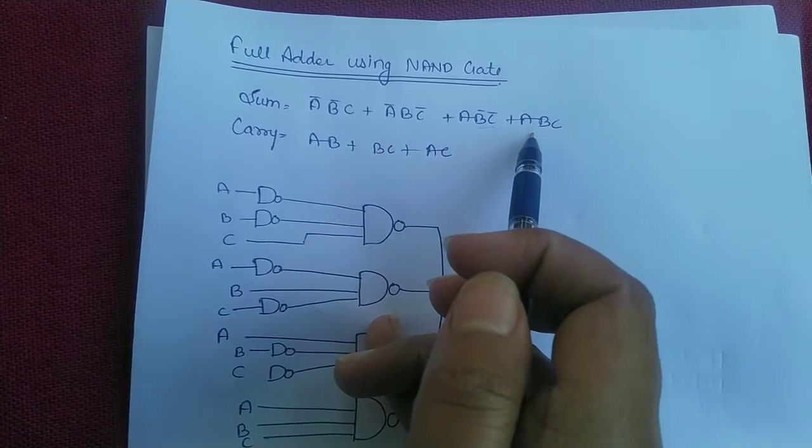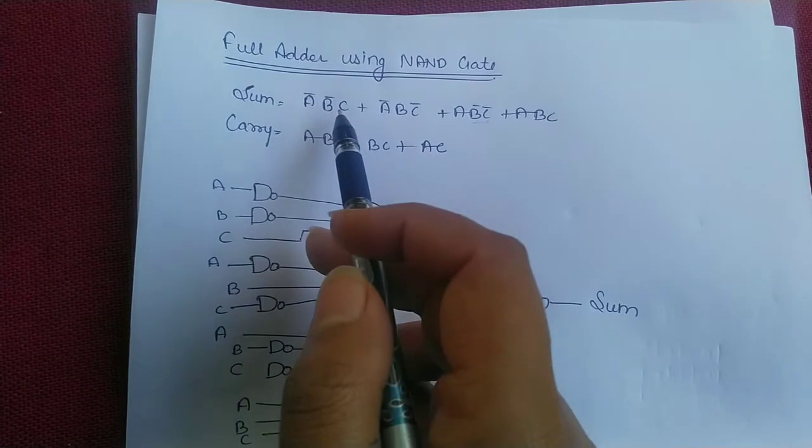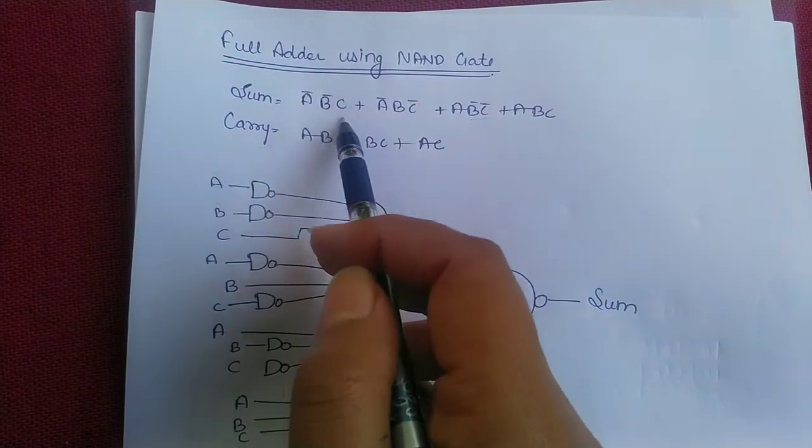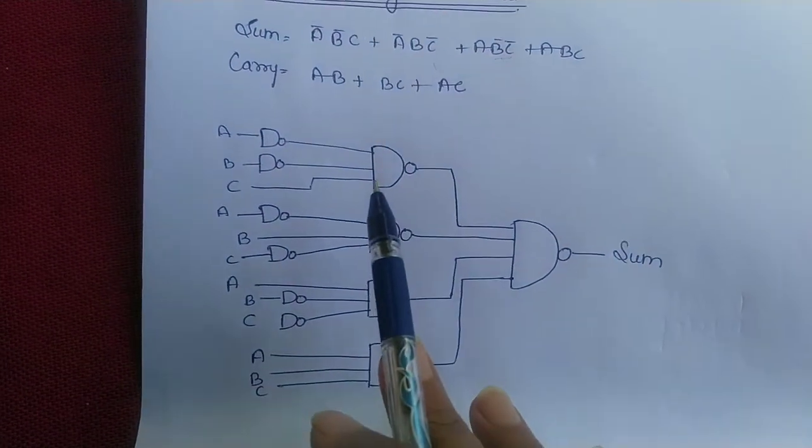Four NAND gates can be used for solving these, and one other NAND gate can be used for all of these four outputs.